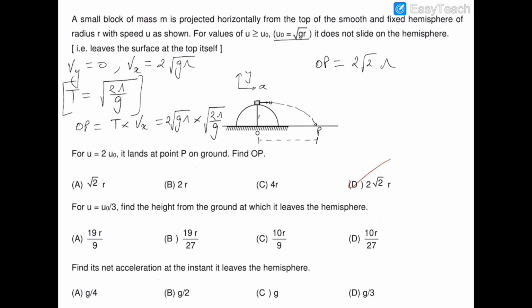Now for u equal to u naught by 3, we have to find out the height from the ground at which the block will leave the contact with the hemisphere. So for this one, we are drawing the diagram again.